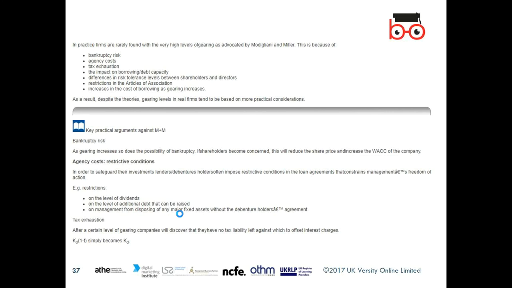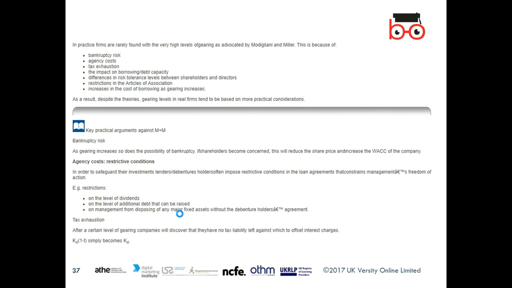When we register a company at Companies House, we need to write the articles of association, saying who will be responsible for what, and that can be restricted because we have a registered capital and can't issue more than that. So as a result, despite the theories, gearing levels in real firms tend to be based on more practical considerations.